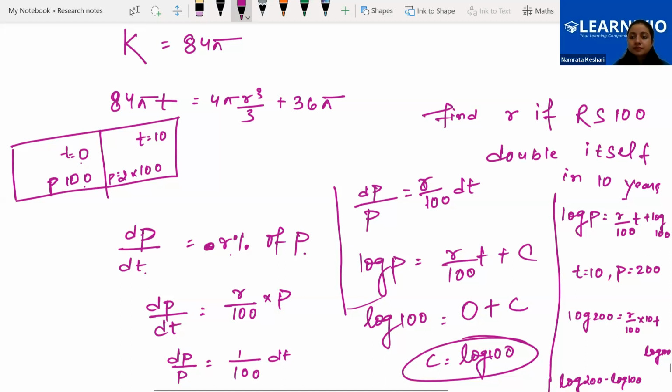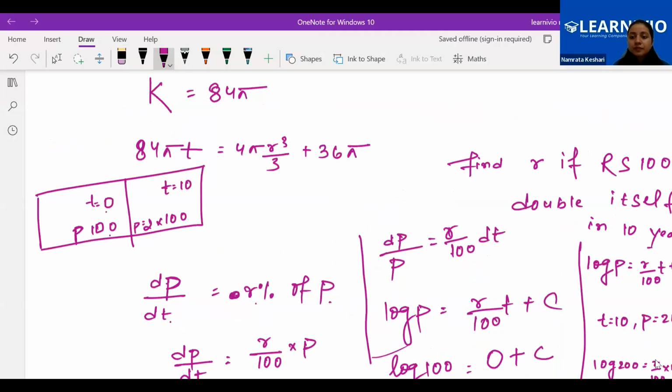Ma'am, why is G there? What? Why is G there? Here's a G. 10G into 200. I have written log.